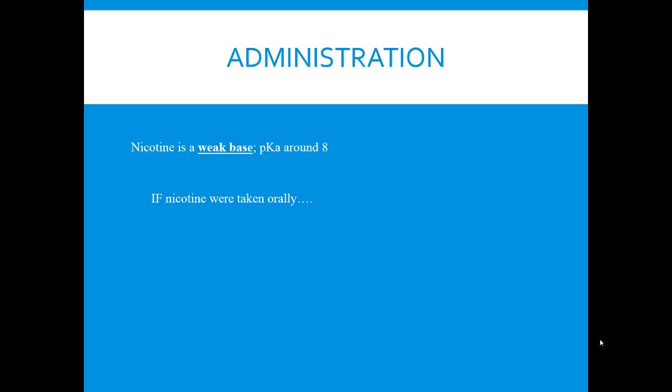So even if nicotine were taken orally and had to be absorbed from the digestive tract, you'd have very, very little nicotine absorption, because if you remember, the pH of the stomach is around 1.2, the pH in the large intestines around 3.2, and so the nicotine would almost completely ionize. But even if the nicotine did not ionize and it were taken orally, most of it would be subjected to first pass metabolism once the liver secretes enzymes. Okay.